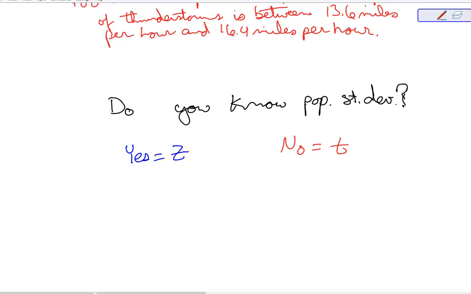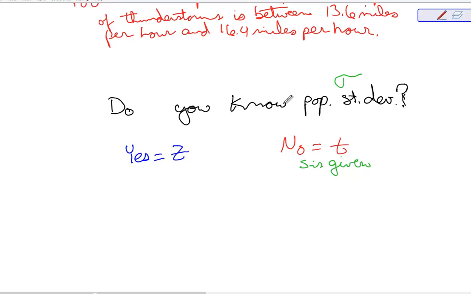And this is how you're looking at it. Do you know that information? If you know the population standard deviation, which remember is sigma, you're going to use a z-score, the standard normal distribution. If you do not know the population standard deviation and s is given, then you're going to use the t-table.